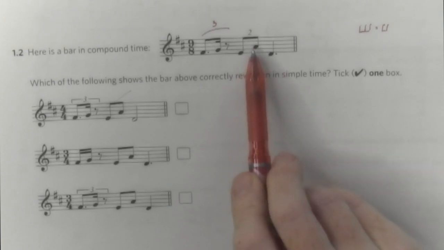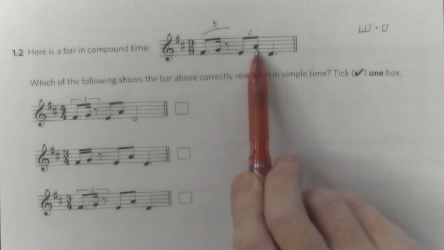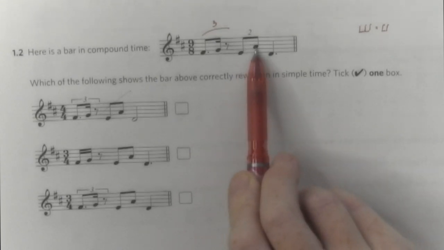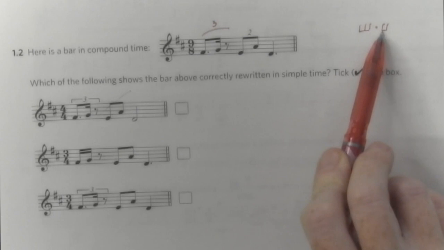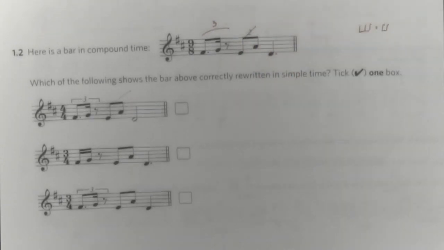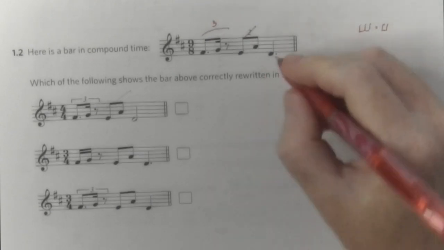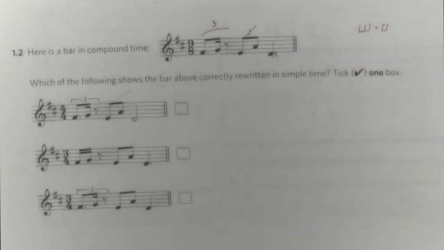Contrastingly, in this case, we have 3 chairs in which we need to fit comfortably 2 people, but in simple time, they have 1 chair each, so they don't need a special symbol. And a dotted crotchet just becomes a crotchet without the dot.